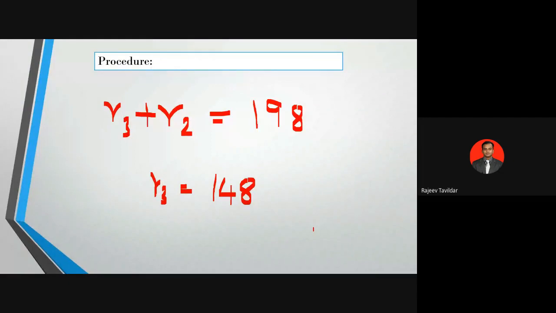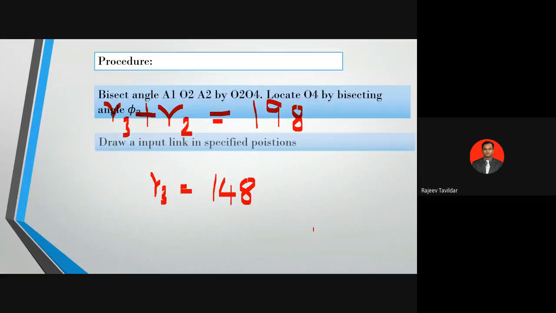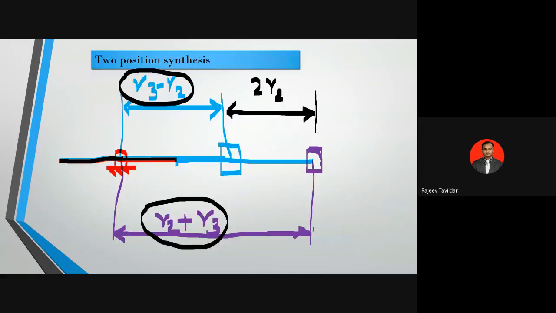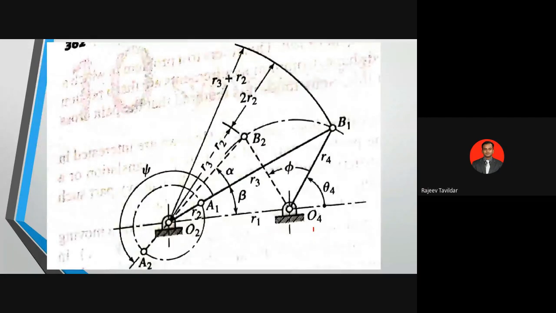So this is the diagram that they have drawn for the crank rocker mechanism. So now we are dealing with two position synthesis for crank rocker mechanism. You have numericals on this. So let us understand the theory behind this, how it works.